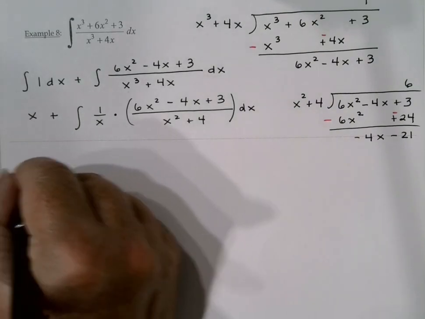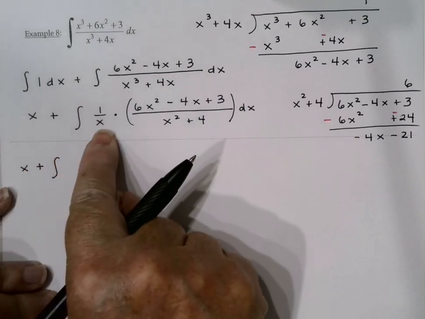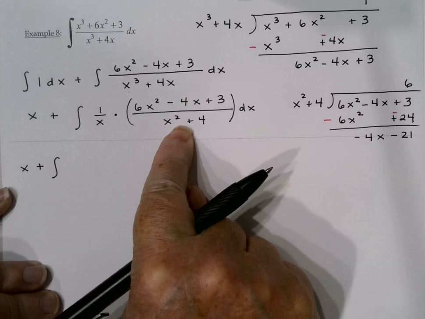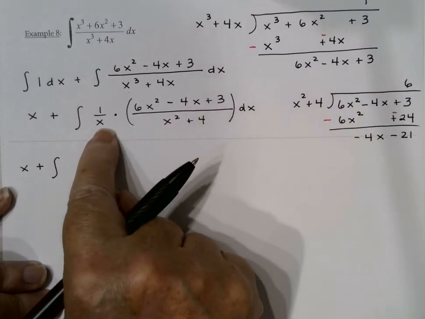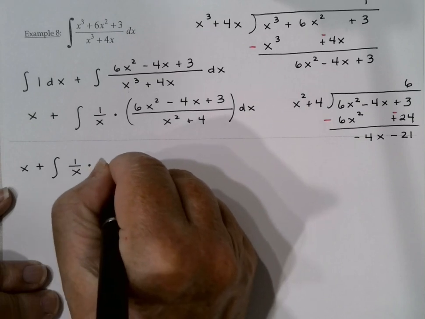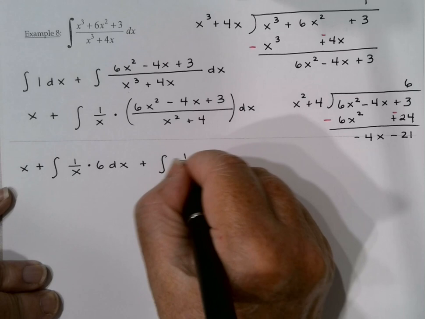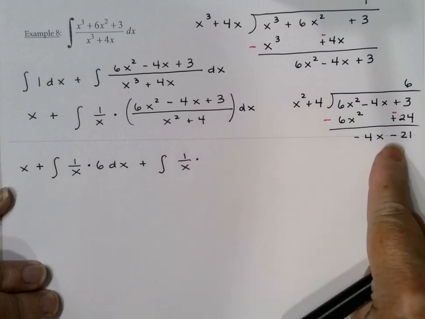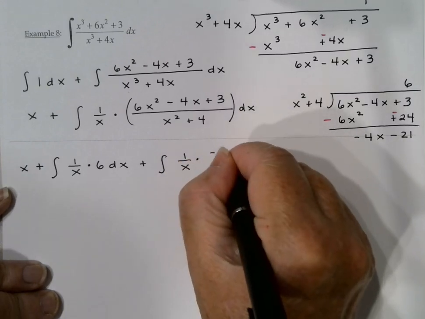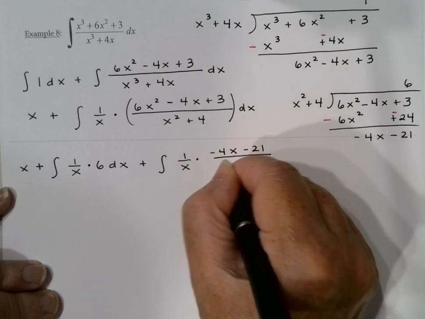All right. Now keep in mind there was a 1 over x that multiplied this. So for the quotient, I'd have 1 over x times 6. And for the remainder, I would have 1 over x times negative 4x minus 21 over x squared plus 4.